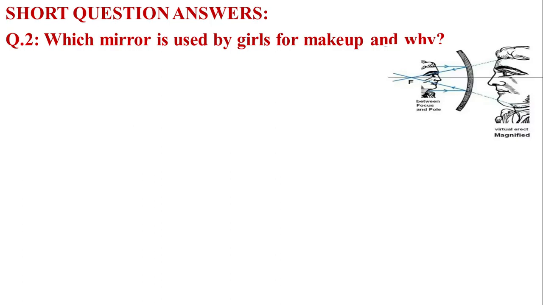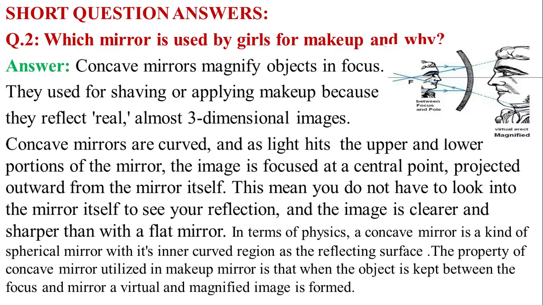Now we will explain why this mirror is used and why the image is enlarged. You can write that a concave mirror magnifies an object in its focus. So it is used for shaving or applying makeup because it reflects a real, almost three-dimensional image.